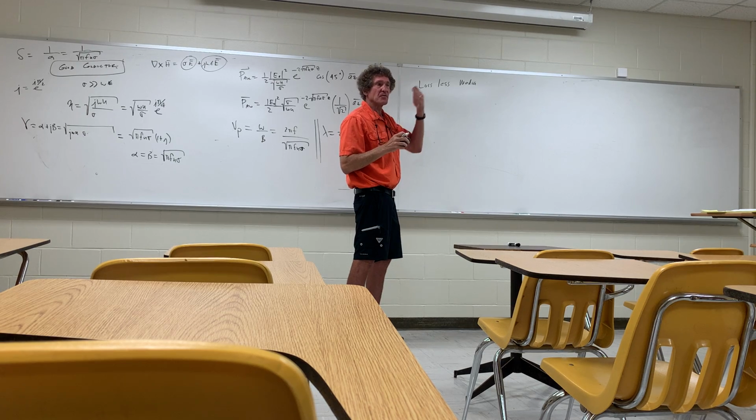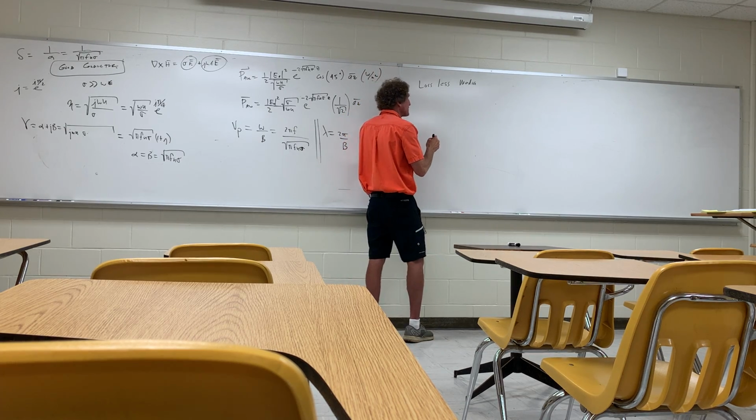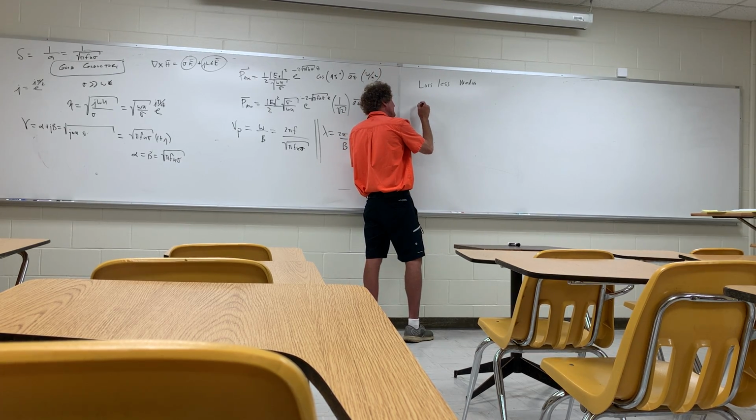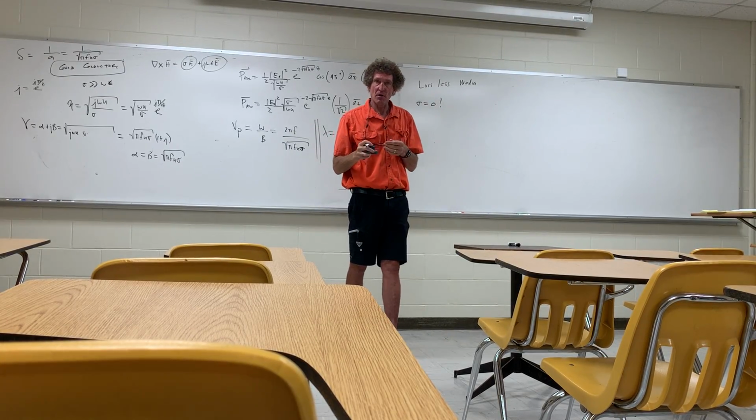It could have a value of epsilon relative that's relatively large, or a value of mu relative that's large. But if it's a lossless media, what does it mean? Sigma is 0, right? There's no conduction current, no losses.